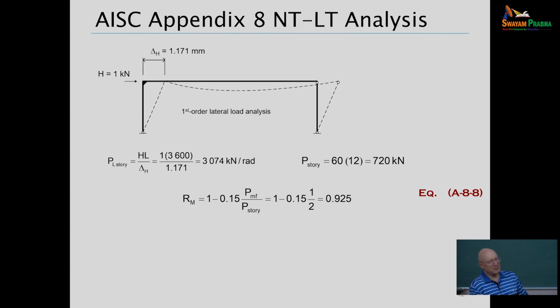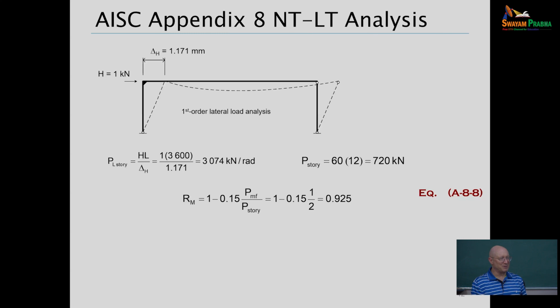But a reasonable approximation here is that the column on the left is a moment frame column, and it's taking half of the vertical load, approximately. And then P story is the total vertical load. So PMF over P story is essentially 1/2 here, just a simple approximation. So I get an R sub m of 0.925.